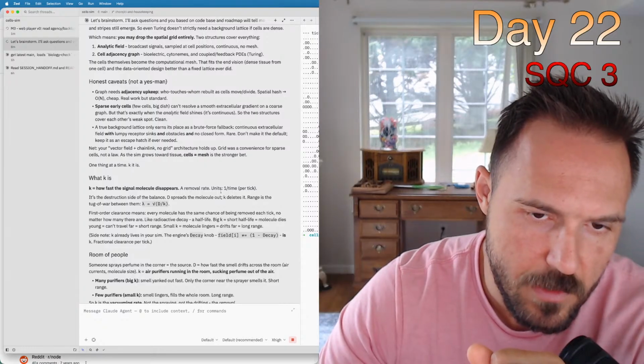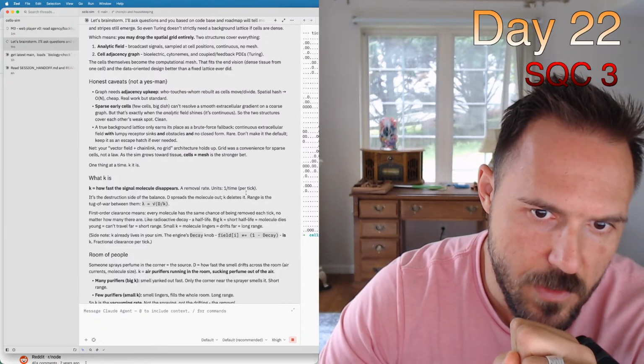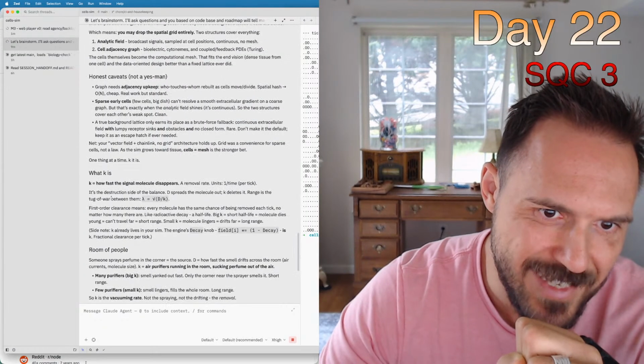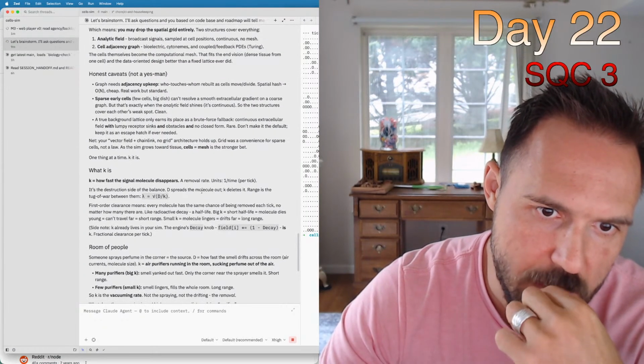A removal rate, unit 1 per time per tick. That's a decay, should be decay of the signal itself.